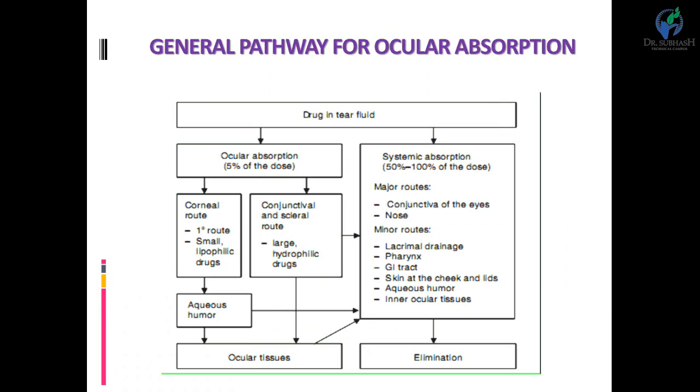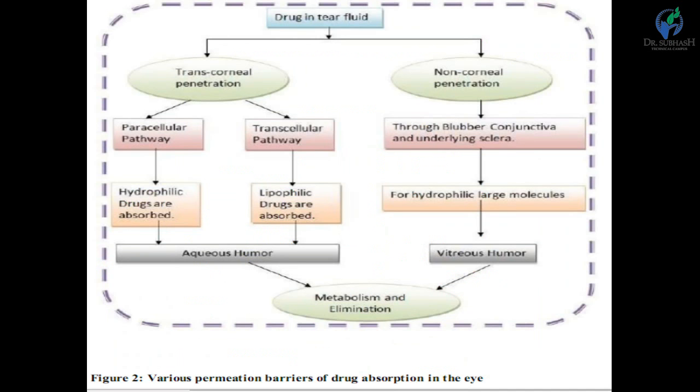The corneal route goes to the aqueous humor and then the ocular tissues. In systemic absorption, the major route is the conjunctiva of the eye, and the minor route is lacrimal drainage. Then, after systemic absorption, they go for elimination.